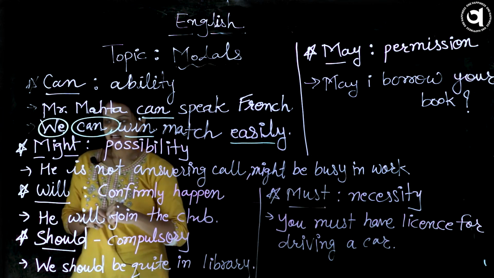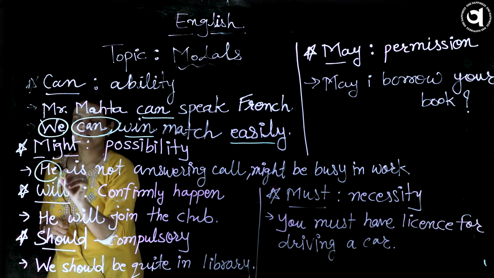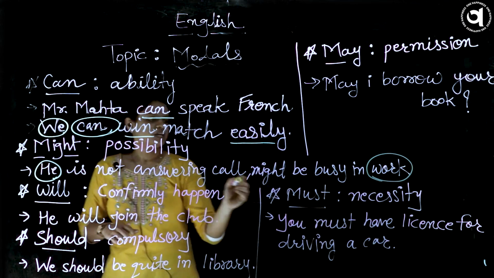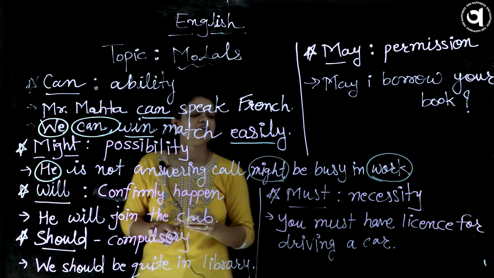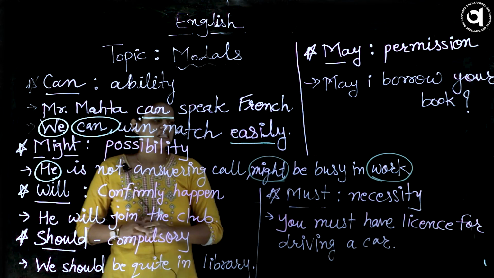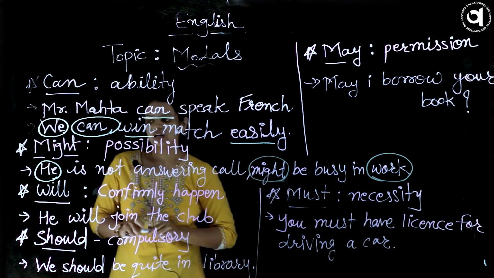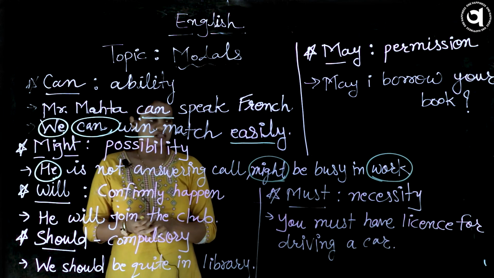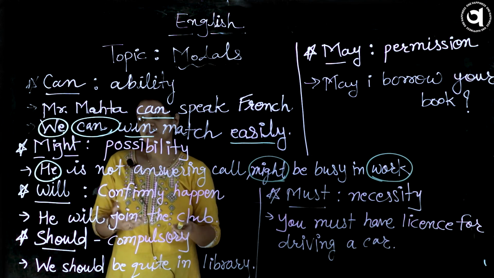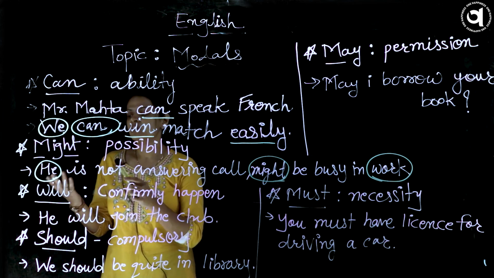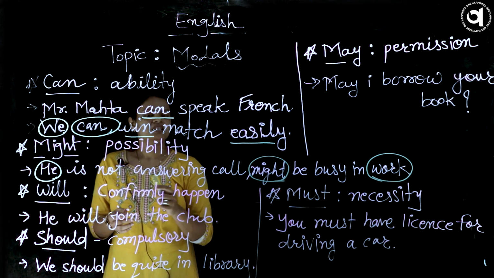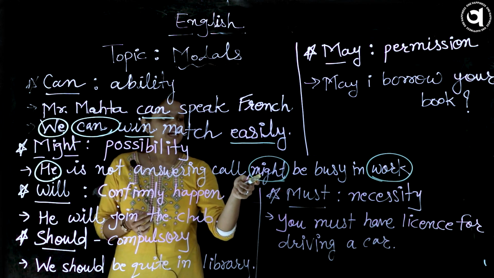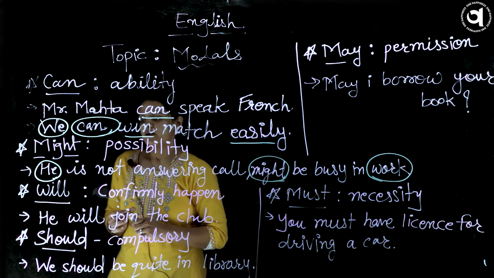So it means the subject is busy with work and we are predicting that the subject will be busy with that work. If a person wants to express a prediction of the subject's verb, then we can use the word might.